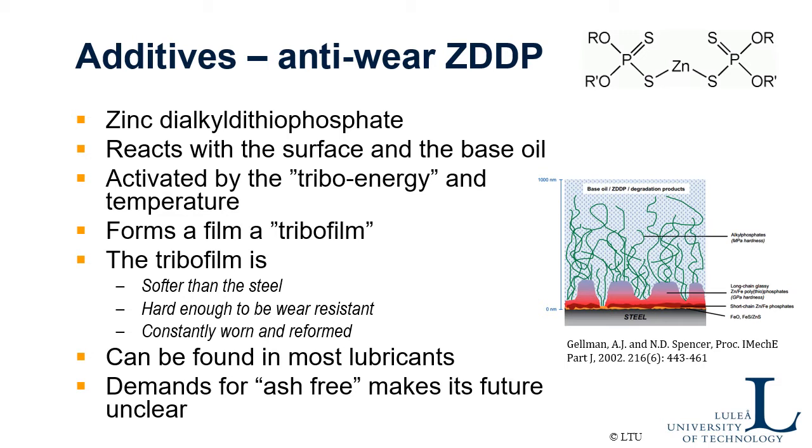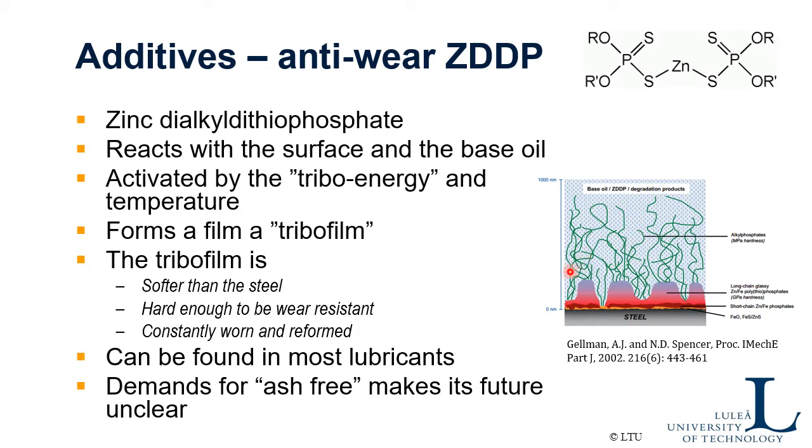So it reacts with the surface and the base oil, and it's activated by the tribo energy and the high PV numbers. So it forms this tribo film, and it's often said to be a smart film because it's pretty hard and wear resistant down here, where you have zinc iron phosphates, and then it becomes softer up here.